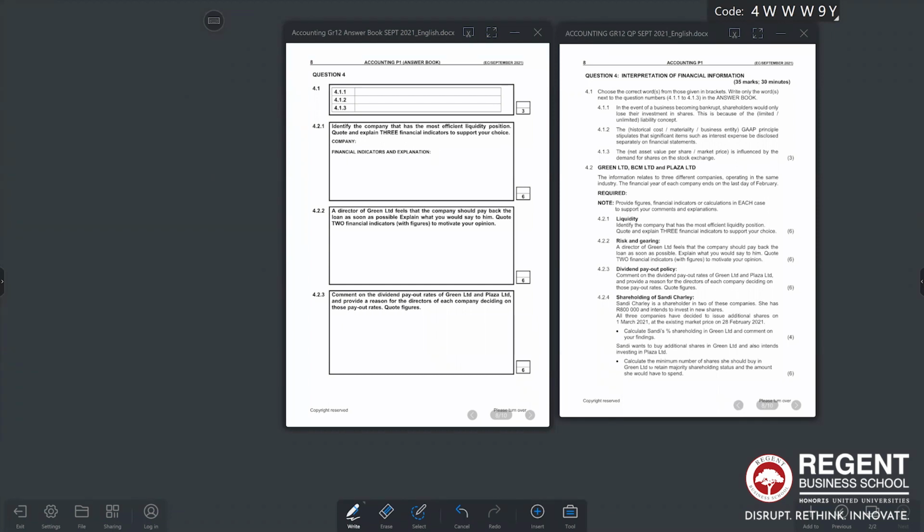Now, required: provide figures, financial indicators, or calculations in each case to support your comments and explanations. Listen very carefully: if you don't put figures, they will not give you the marks. You must indicate figures. First, identify the ratio you're commenting on. The first thing is the financial indicator.